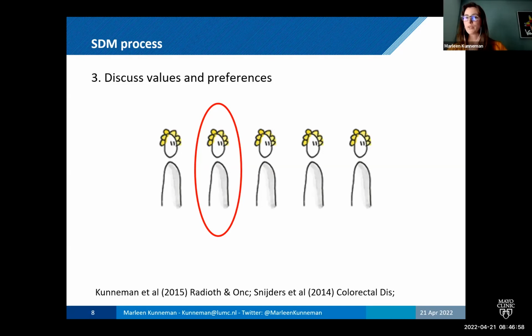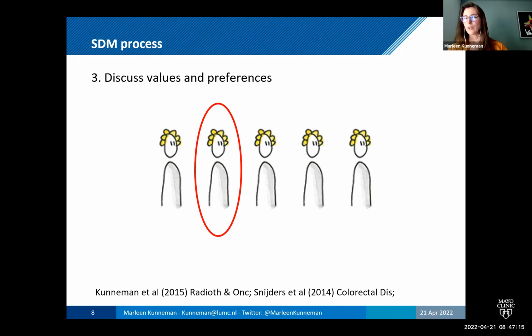The third step of shared decision-making is to discuss the values and preferences of the patient. And in our own research, we found that about 1 of every 5 patients indicates what matters to them during the conversation with their clinician.